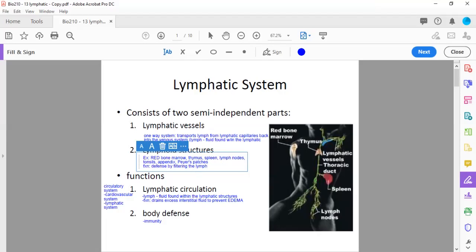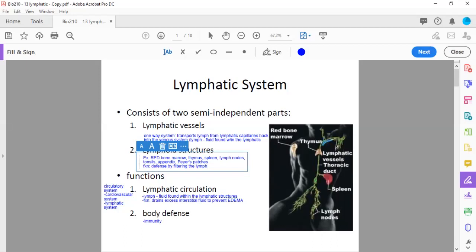Let's use an example of this. When you have an infection at a local site, the nearby lymph node becomes swollen. The reason it becomes swollen is because it becomes hyperactive in filtering the lymph in that local region. It swells up because it's overactive.